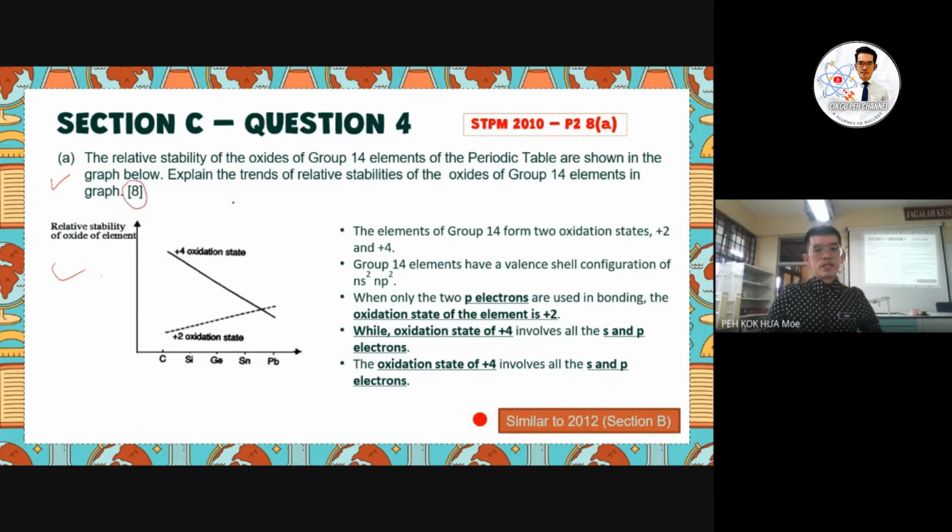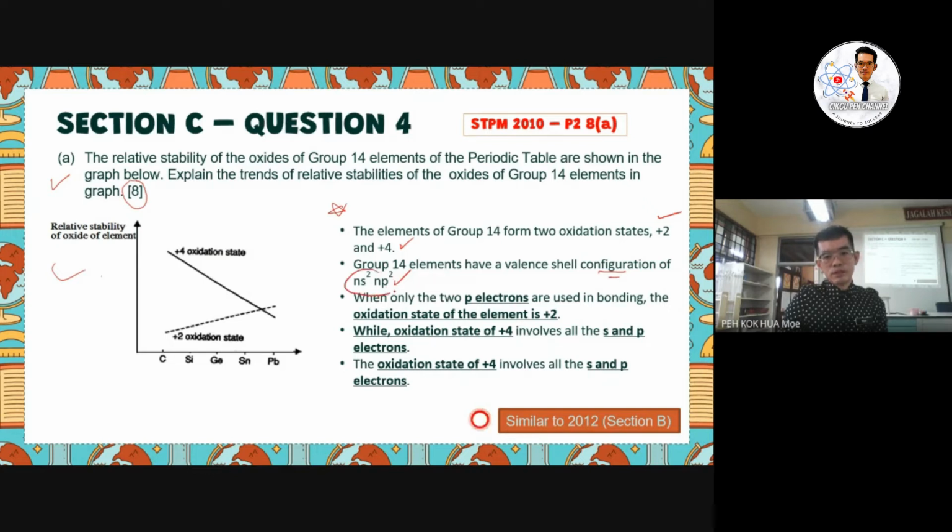So what can we discuss here? This one is not the answer, just a discussion regarding the question. From here you can see for group 14, firstly you have to state the possible oxidation states for group 14, which are +2 and +4. Then you can discuss the configuration for the group 14 elements, which is ns2 np2.